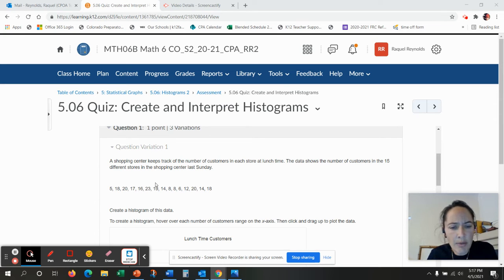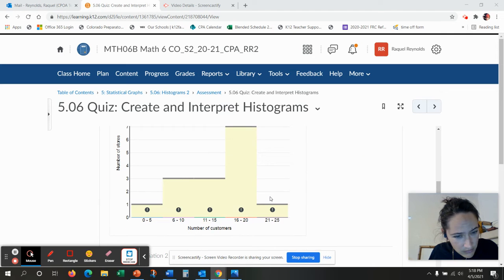All right, so the visual data representation is number of customers, there's the range. Oh, and one of the stores, that's all.